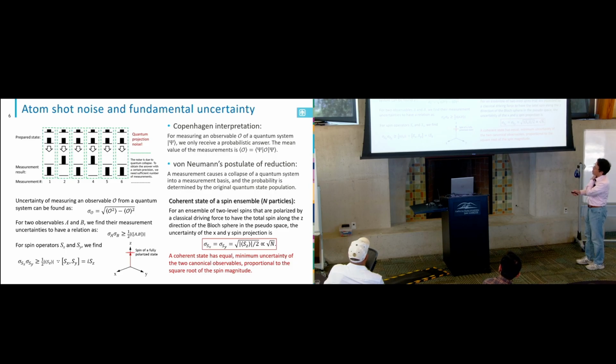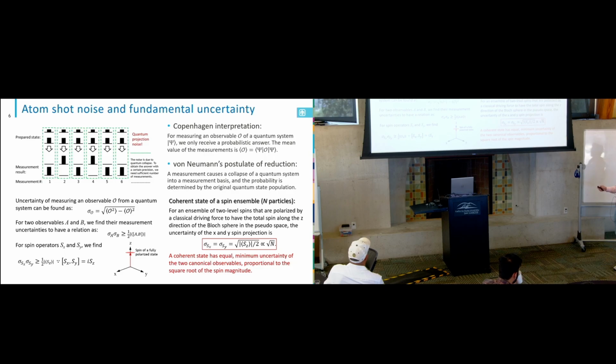In the spin system, since we always talk about the two-level system most of the time here, a two-level system can be mapped to a pseudo-spin system. So we can always use the Pauli matrices to generate spin operators, and the spin operators follow this commutation relation, and we know what the uncertainty looks like for the two orthogonal directions.